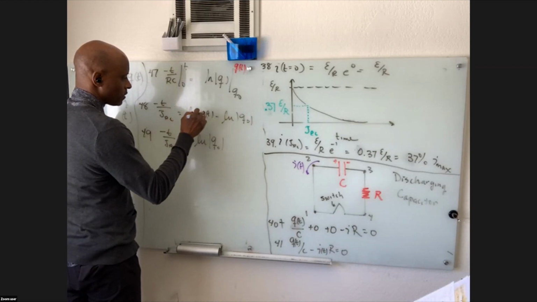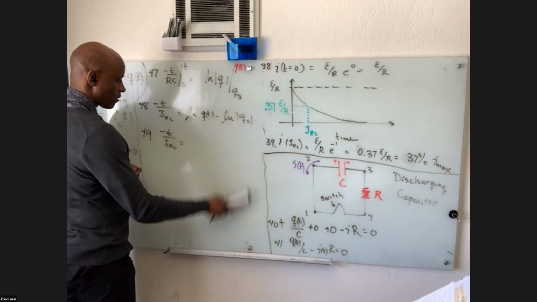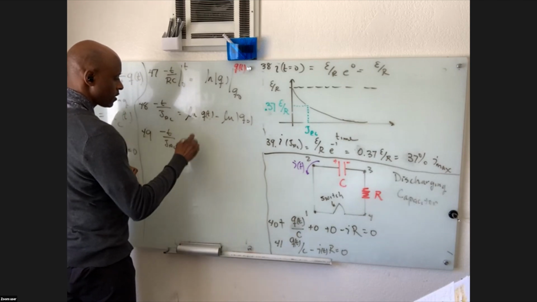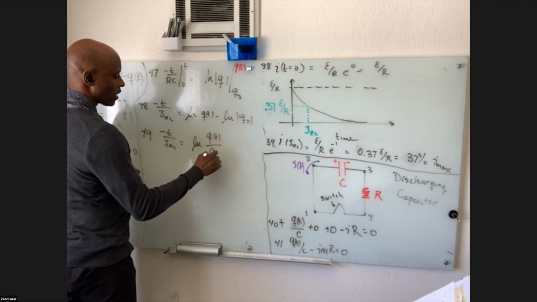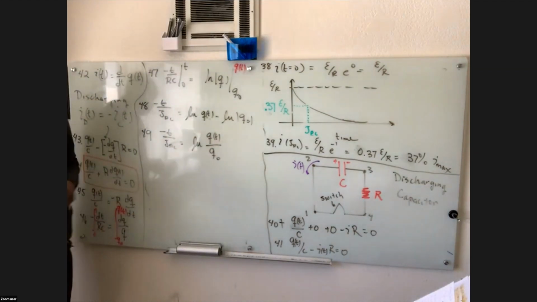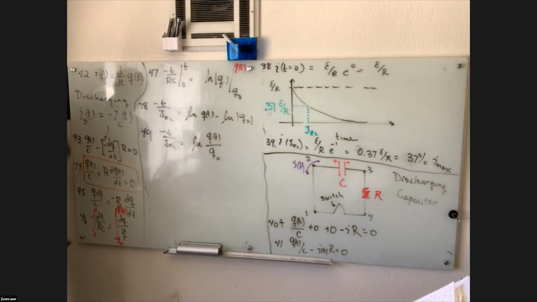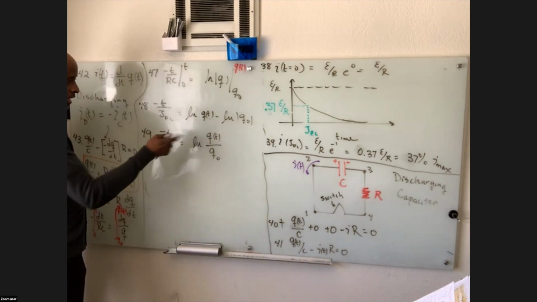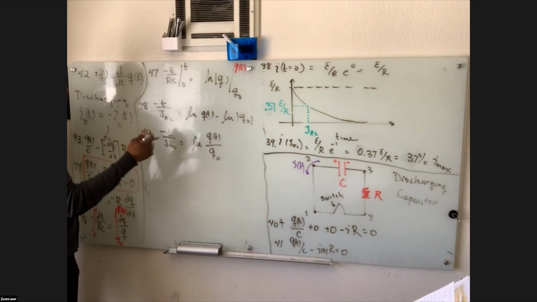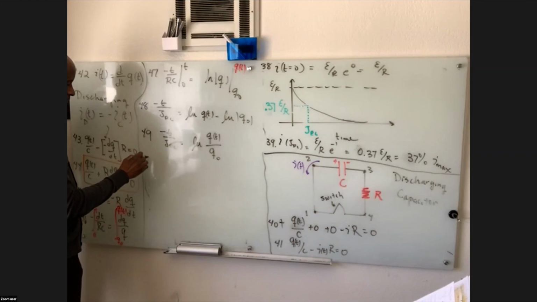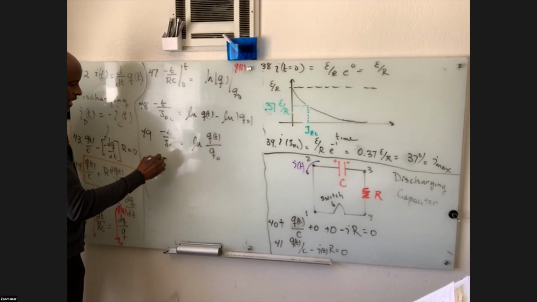So now we're good. This just becomes the log of Q of t over Q naught. Wonderful. So let's see if I can finish this in the time left. Now it's straightforward. I take the exponential of both sides. So e to the minus t over tau RC.